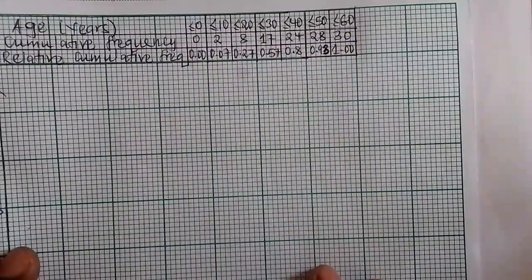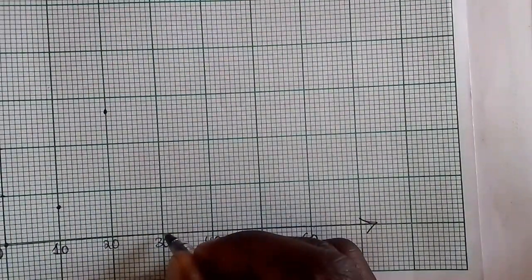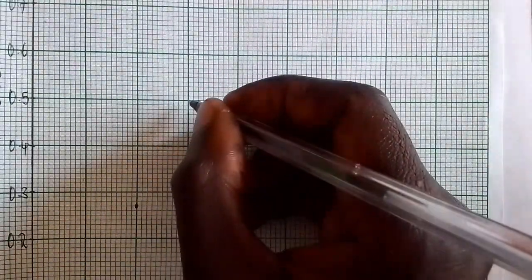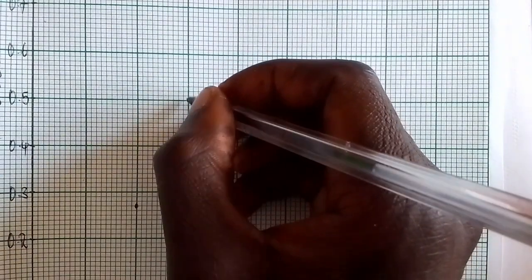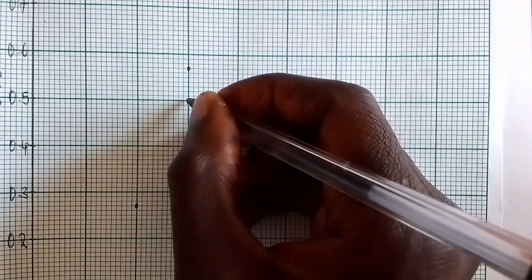Then for 30, it is 0.57. So for 30, locate 0.57 in line with 30, and it is here.